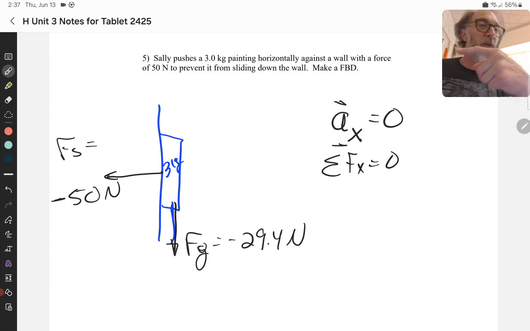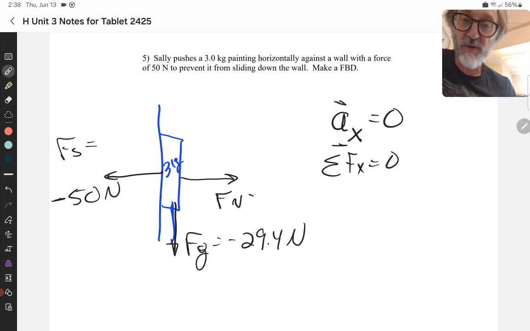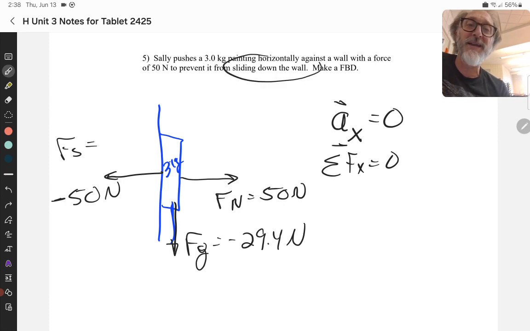So if Sally's pushing the picture this way against the wall, the wall is going to prevent it from moving by pushing back with a normal force. Here's another example where your normal force doesn't equal your gravity, and it's not even up and down, right? This time it's left and right, because remember, your normal force is always perpendicular to the surface. Now it's not sliding down the wall.